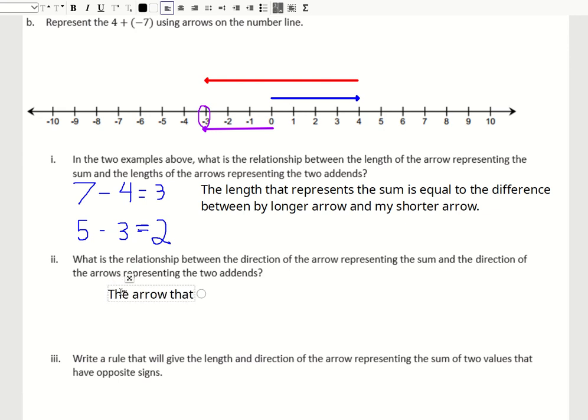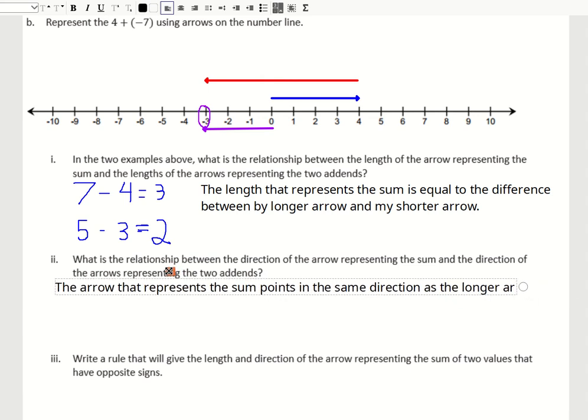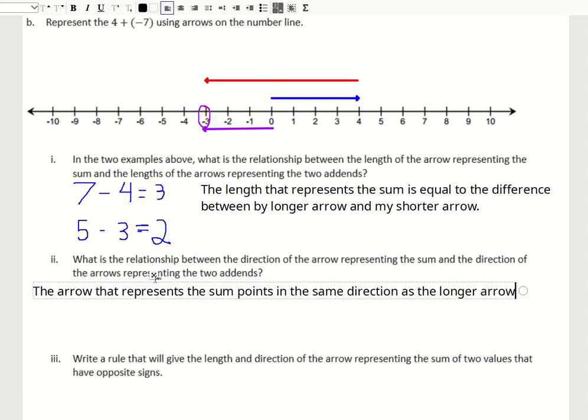The arrow that represents the sum points in the same direction as the longer arrow. And another thing that I could say is it points in the same direction as the addend with the higher absolute value.